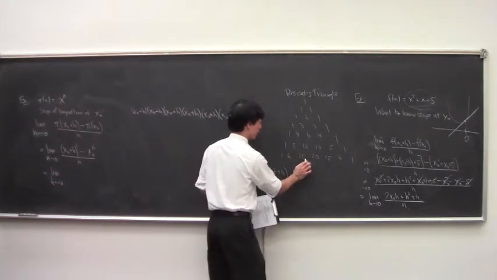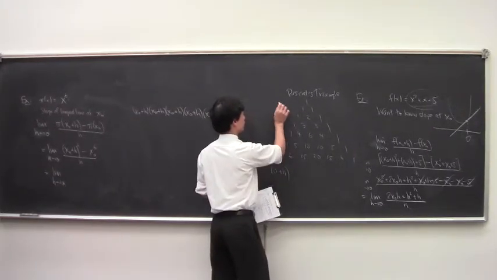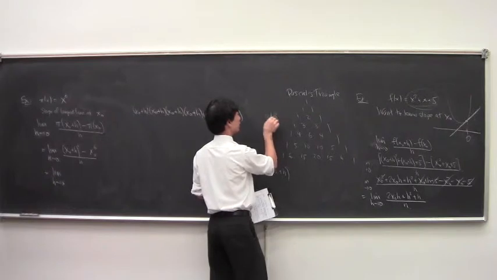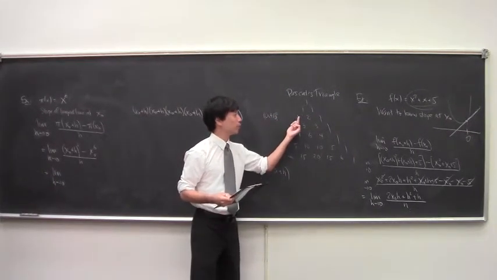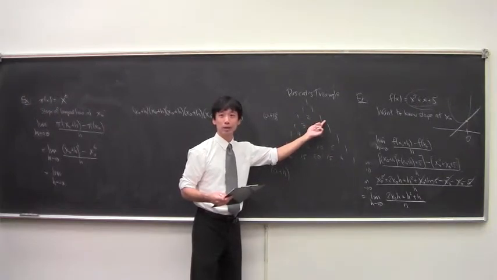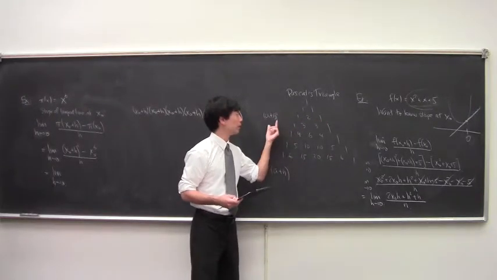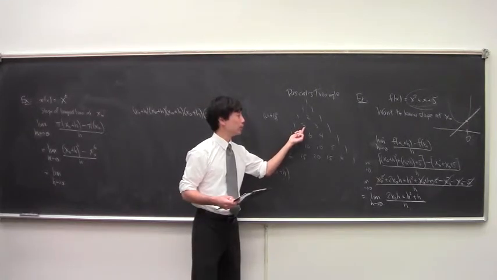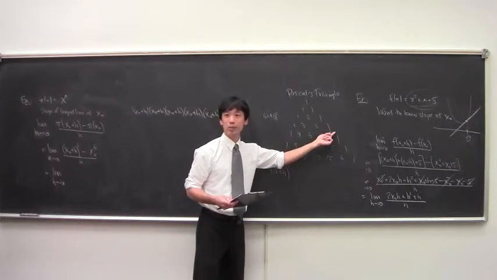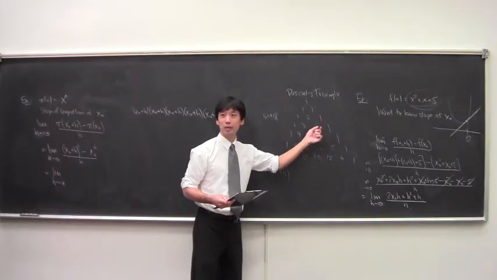If you're looking at a plus b squared, you get a squared plus 2ab plus b squared. If you're looking at a plus b cubed, it's a cubed plus 3a squared b plus 3ab squared plus b cubed, et cetera.